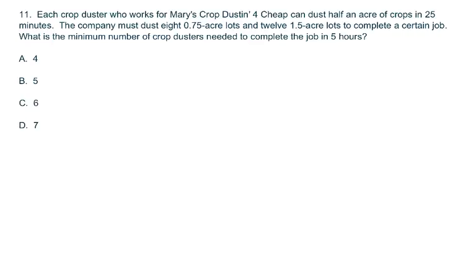So we've got to determine how many acres need dusting. We have 8 times 0.75 plus 12 times 1.5, and this is 6 plus 18 equals 24 acres.